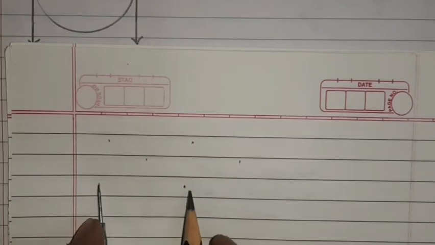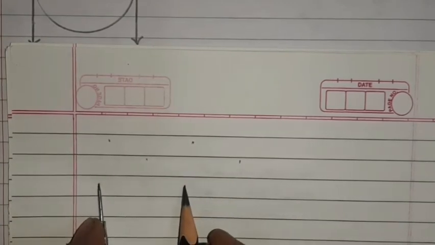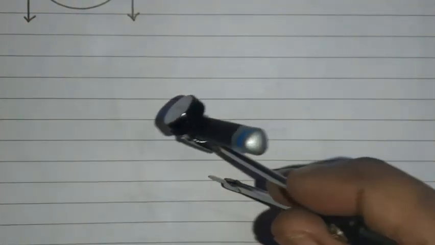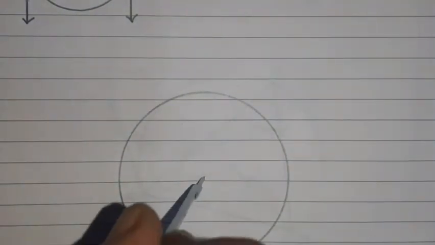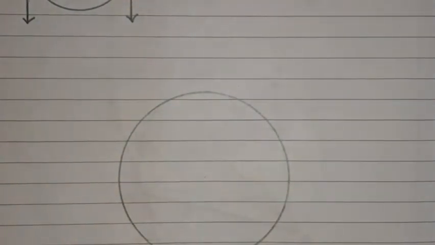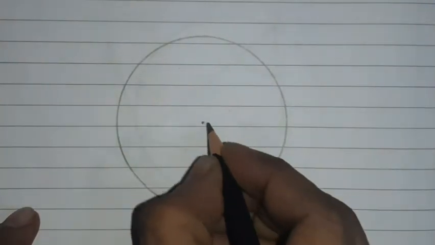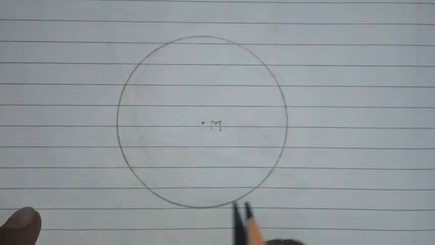Put the metal point over and adjust the pencil point on the second point. The distance between these 2 points is 3.3 centimeter. Now draw the circle of given radius like this. See, this is the center and the center is M.